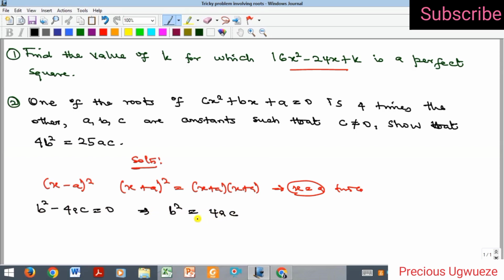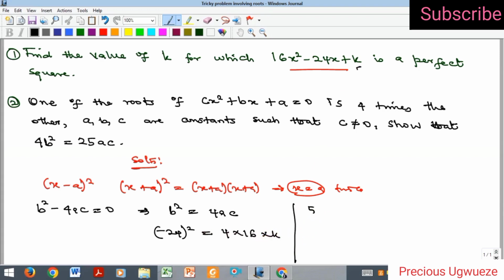And so from this equation, what is our a? Our a is 16, our b is minus 24. So we're going to have minus 24 all squared equal to 4 times 16, then times c, and our c here is k.